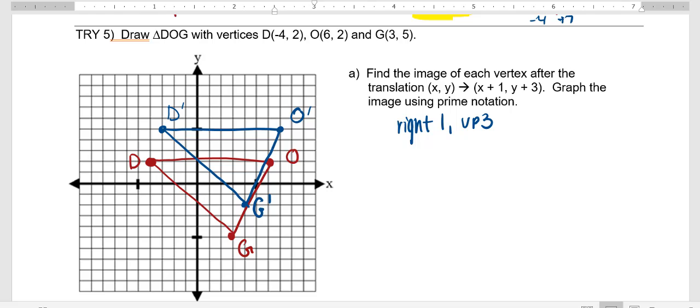And you should have these two triangles graphed. I always like to write out what I'm doing with that translation. You don't have to. I just like visually seeing the math speak to what we would speak out.